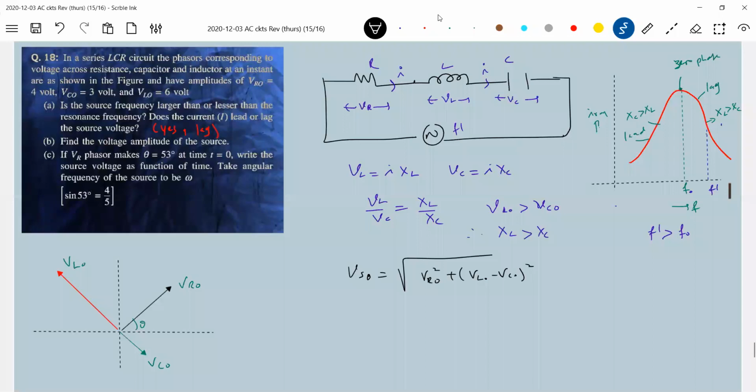Fine. There's a second part of the problem after this. If the VR phasor makes an angle of 53 degrees at time t equals 0, write the source voltage as a function of time.